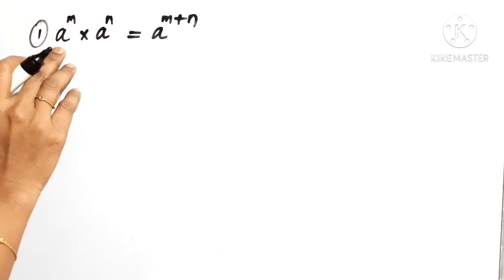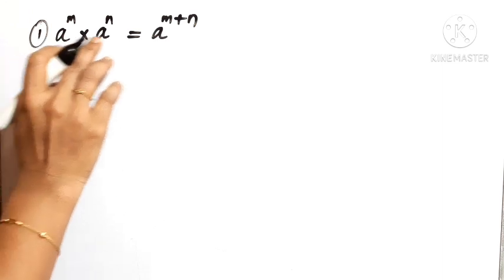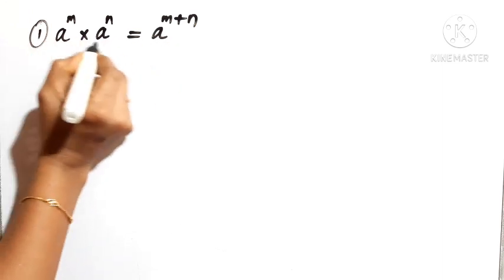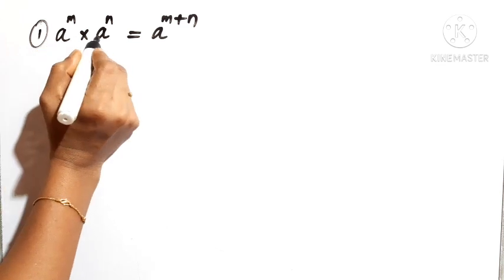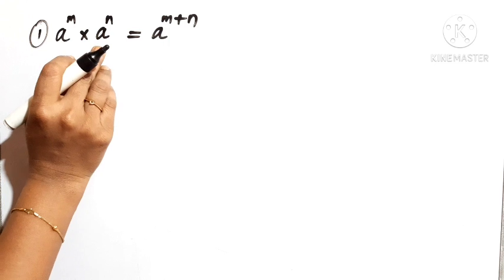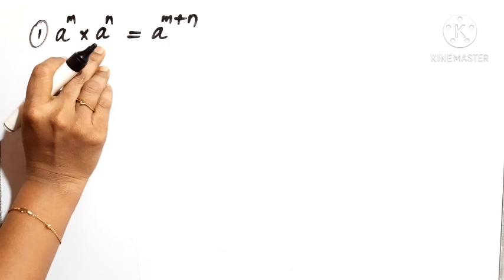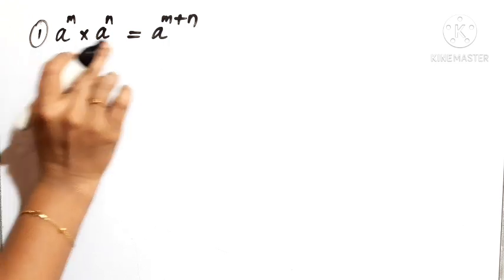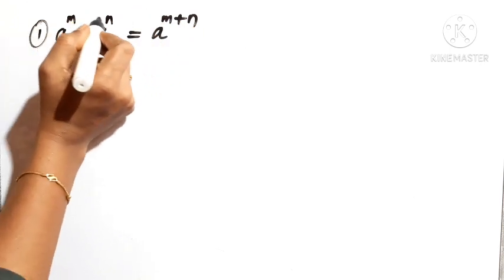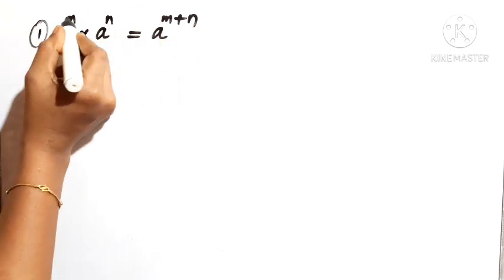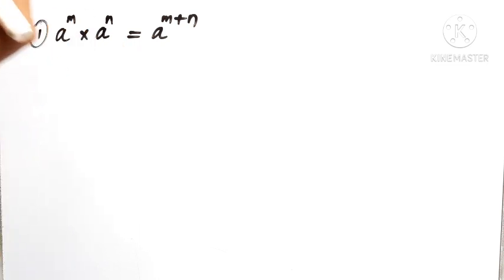Here we can see equal bases, right? On LHS, here base A, here also A. Bases are equal. In this case, to find its product, we have to find here sum of the exponents or sum of these two powers.